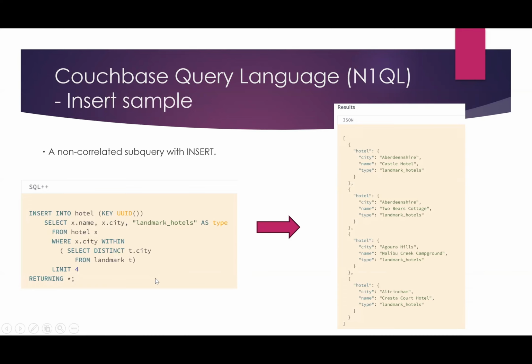Then you can see the insert Nico sample. This is a correlated subquery with insert.